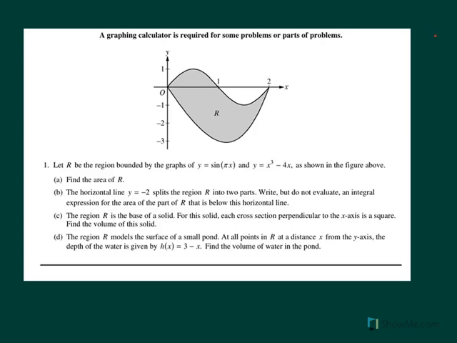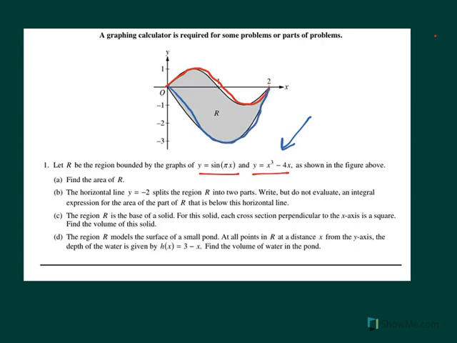So question 1, it says let R be the region bound by the graphs of, and they give you two functions, a sine wave, so it looks like this one is going to be the sine wave, and then the other one is going to be the cubic function.